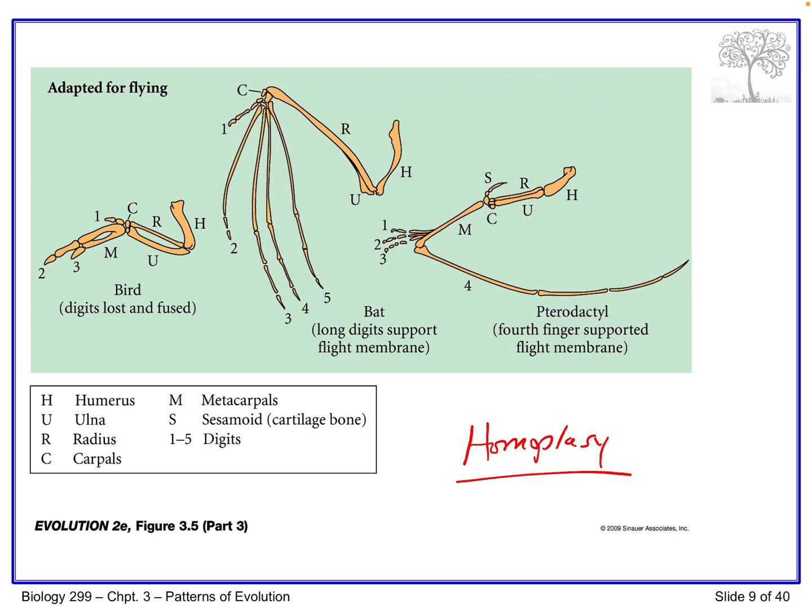Homoplasy results from various evolutionary processes. The first one is called convergence or convergent evolution. And this is where similar characters evolve from different developmental pathways.